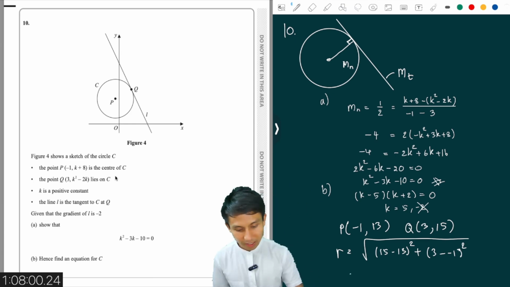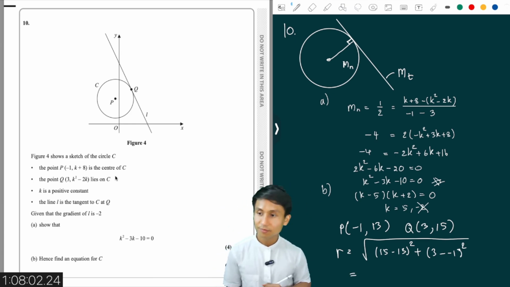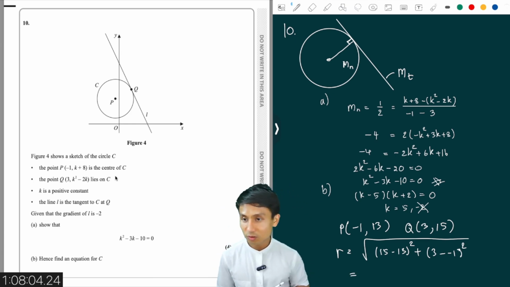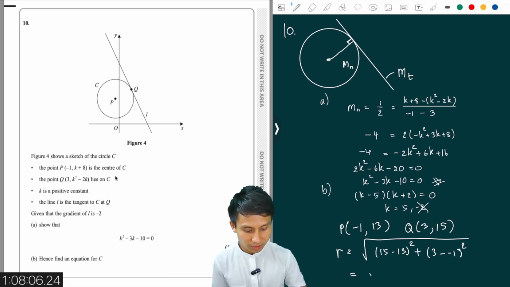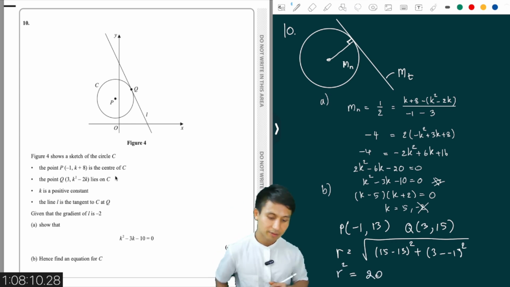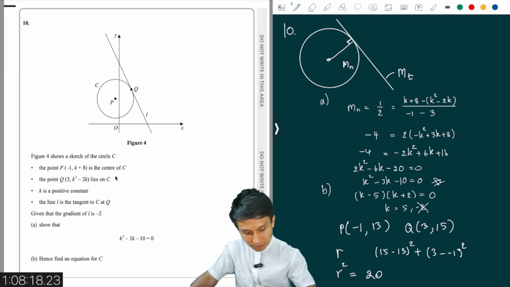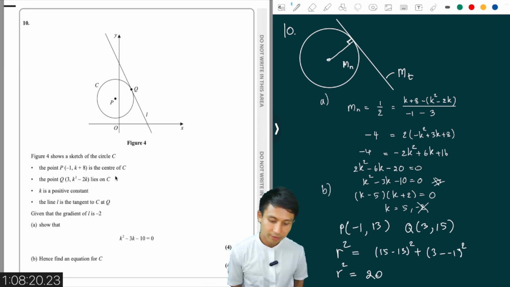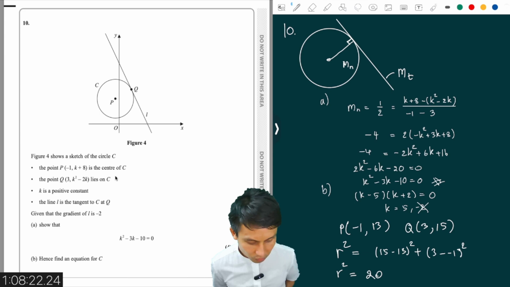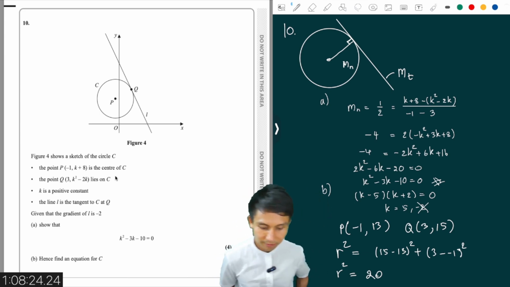So that's 2 squared, which is 4, plus 4 squared, which is 16, so that's root 20. So r squared is 20. I'm happy with that.